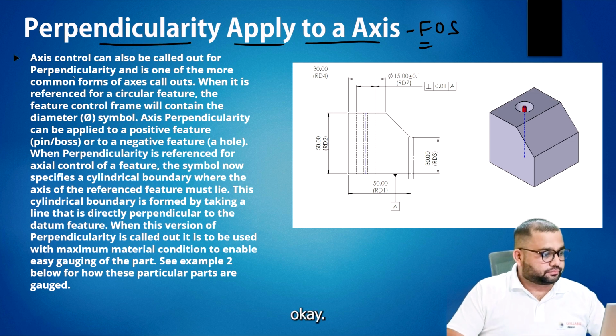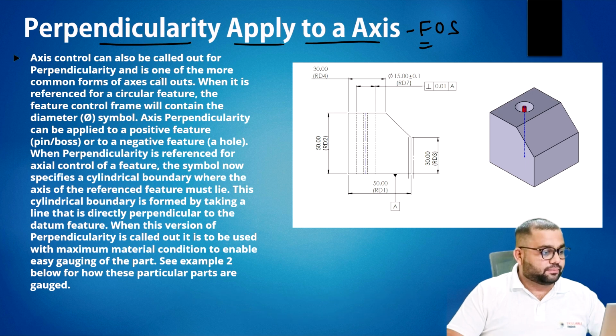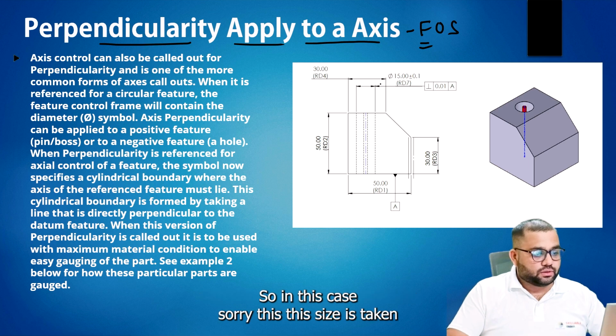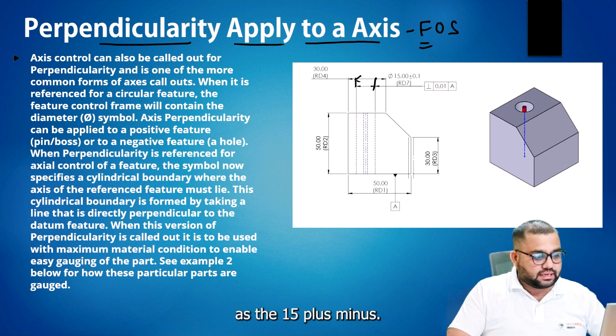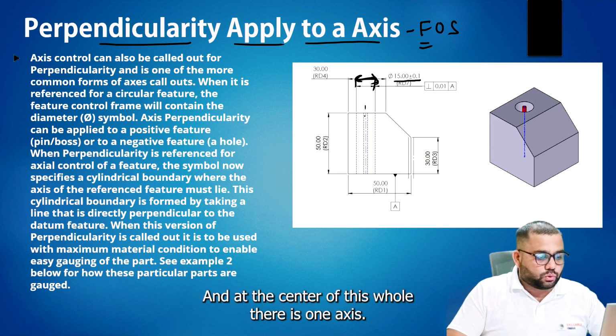Axis control can also be called out for perpendicularity and is one of the more common forms of axis callout. In this case, the size is taken as diameter 15 plus minus 0.1. This is the size of the hole, and at the center of this hole there is one axis.